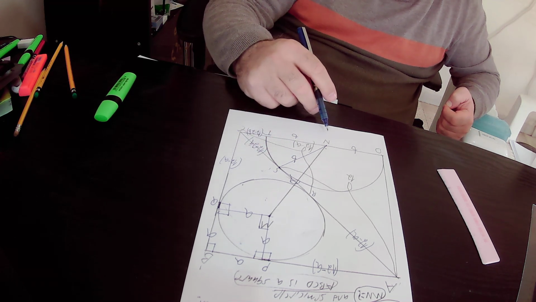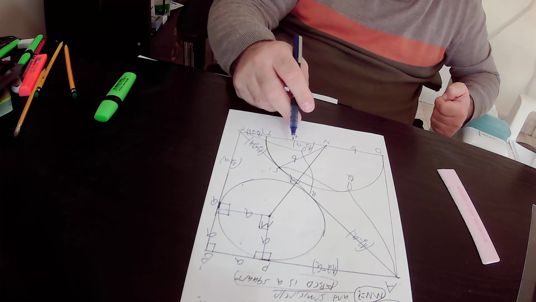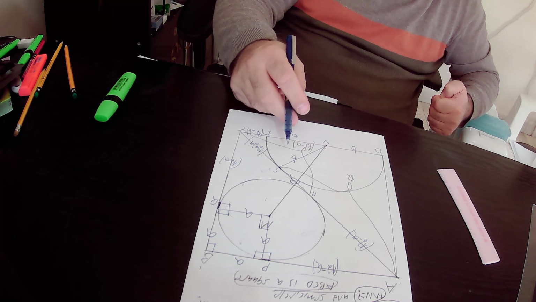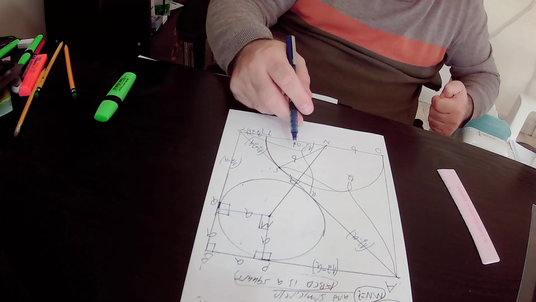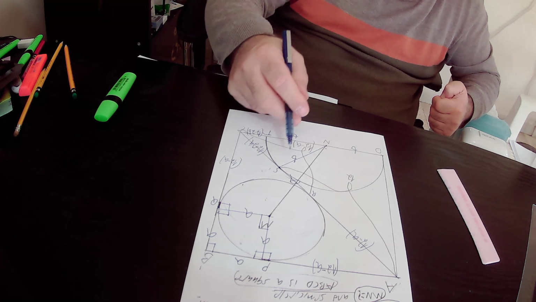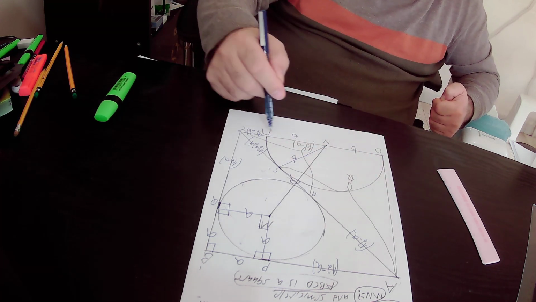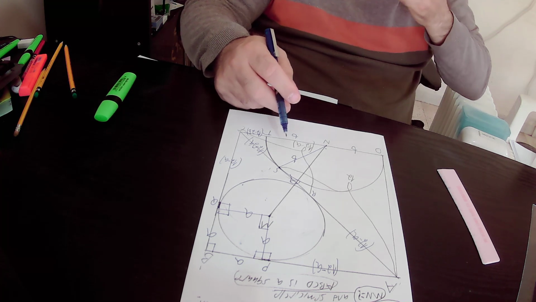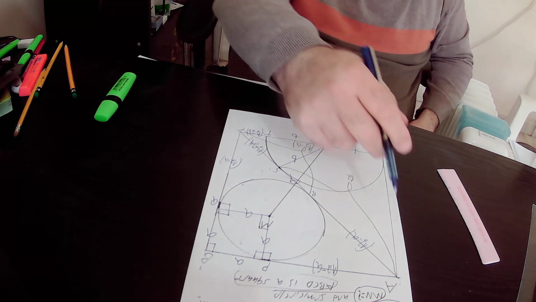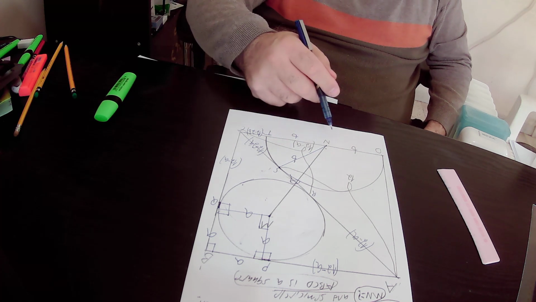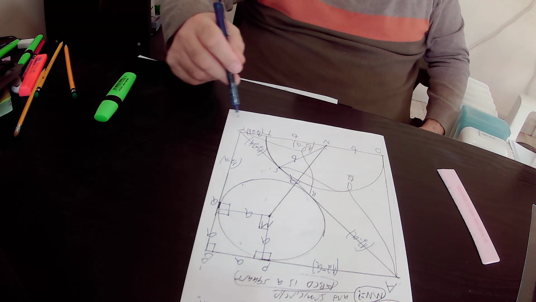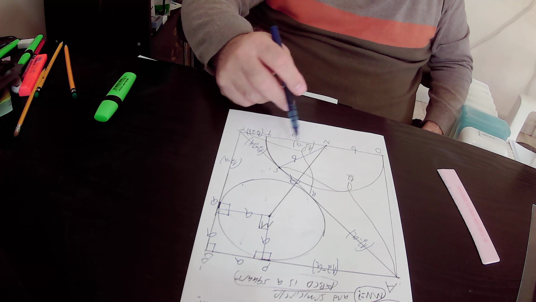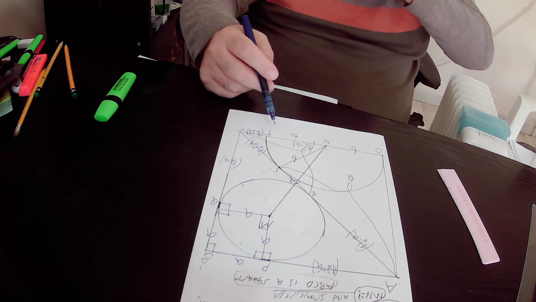So here the radius NS is drawn to the point of tangency, that is to say it is drawn to point S, that is the point of tangency of tangent AC with this semicircle, and whenever you have a radius that is drawn to the point of tangency, then the tangent will be perpendicular to the radius. In this case, the tangent AC will be perpendicular to the radius NS. Okay?